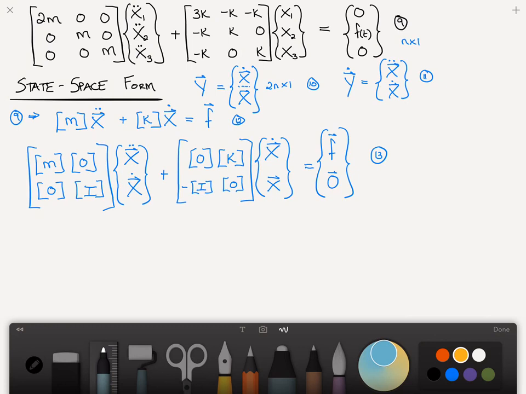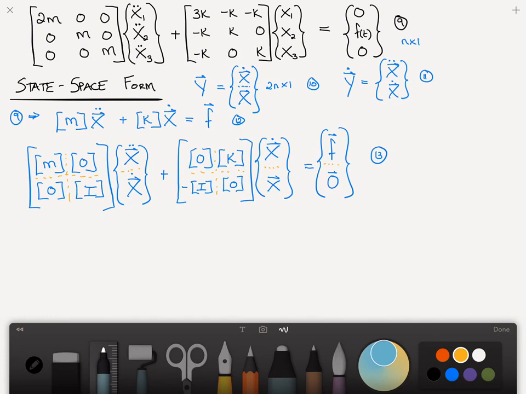Alright, so what have I done? Let me just put some dotted lines in here to show the partitions. And let's just look at the top half, the equation above the dotted line.